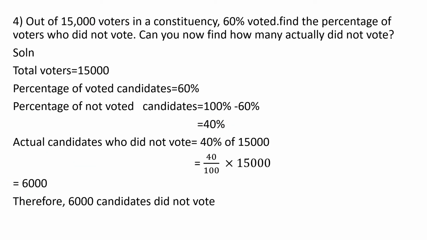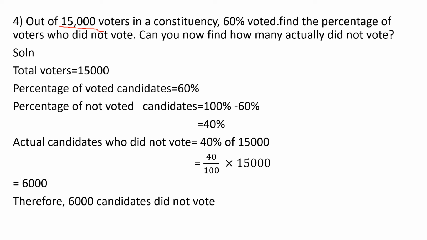So here, out of 15,000 voters in a constituency, 60% voted.